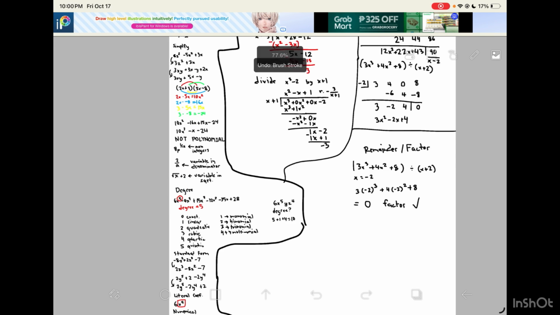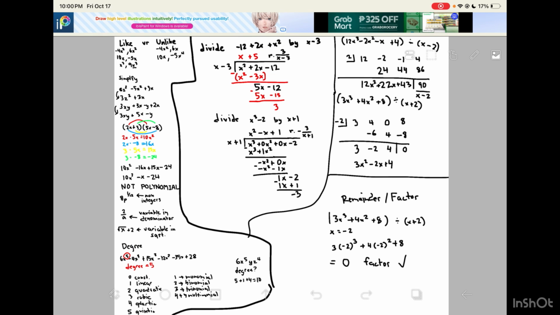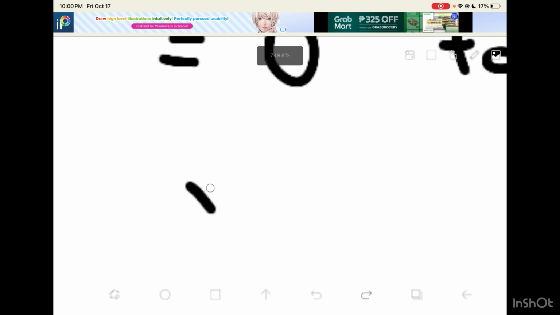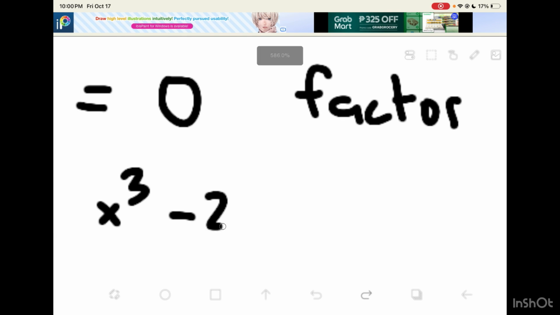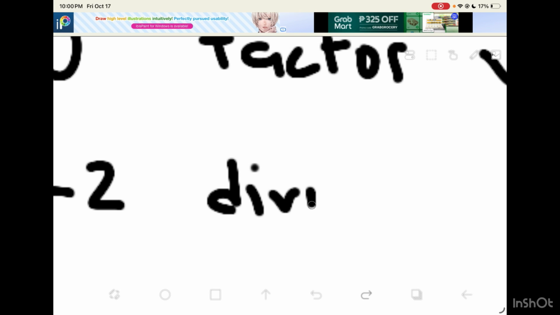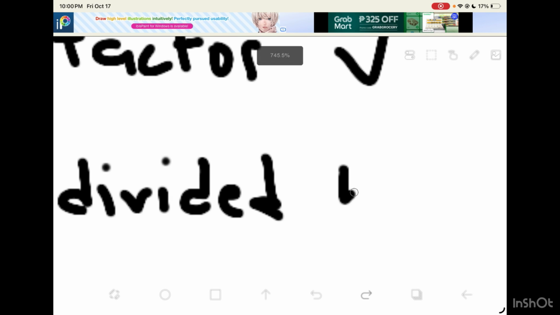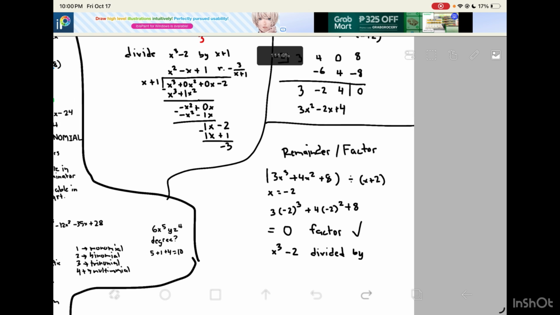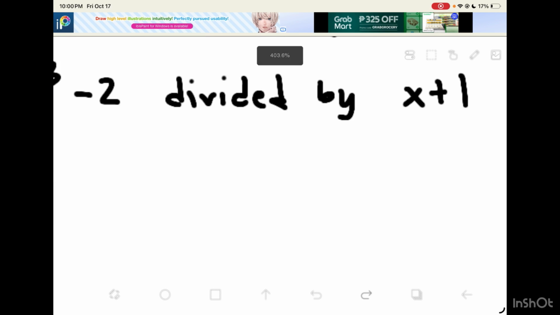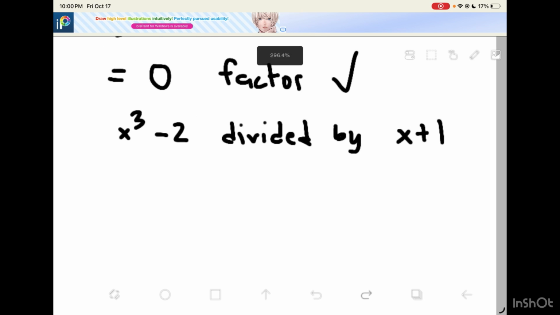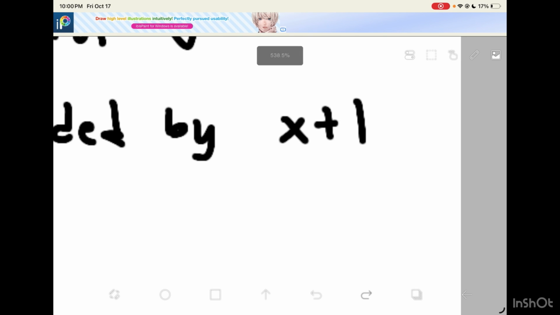Same thing for remainder theorem. Let's use this one. So x cubed minus 2 divided by x plus 1. So once again, equate this to 0.